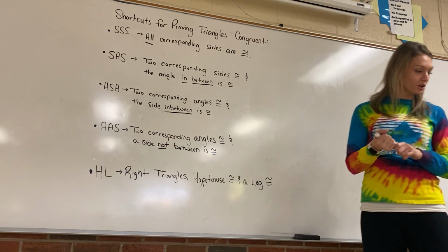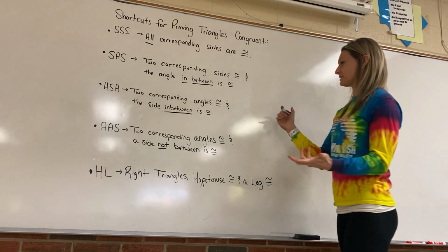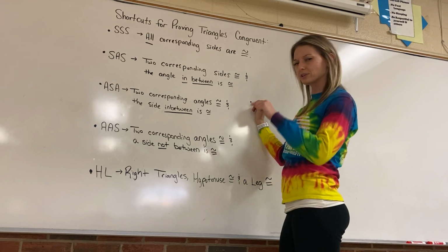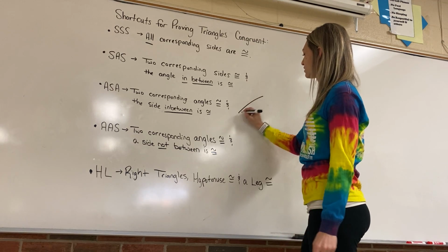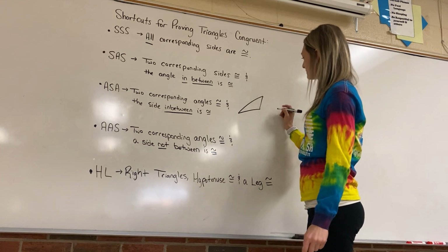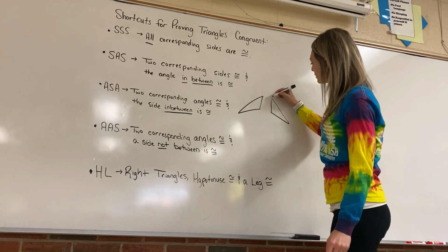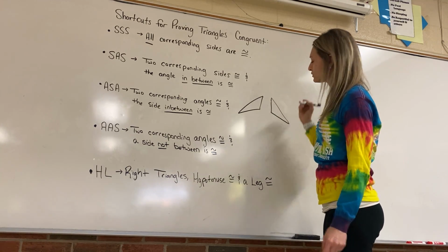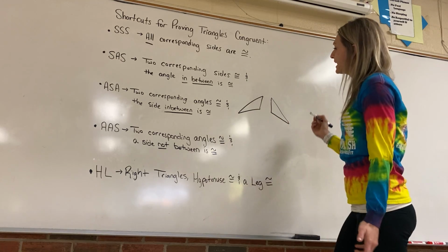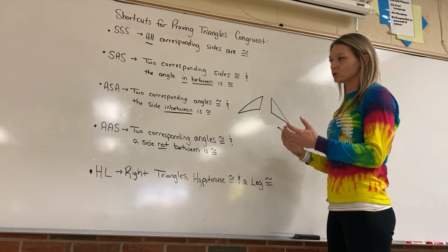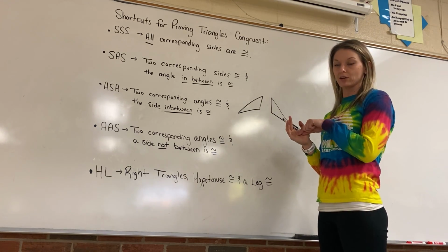So to show that angles are the same, you put the little arches in them, okay? So I'm going to draw 2 random triangles here. I'm trying to give you a variety here, all right? So how would I prove that 2 triangles are congruent by that? Well, they have to give you 2 angles, and then the side that's between the angles has to be congruent.